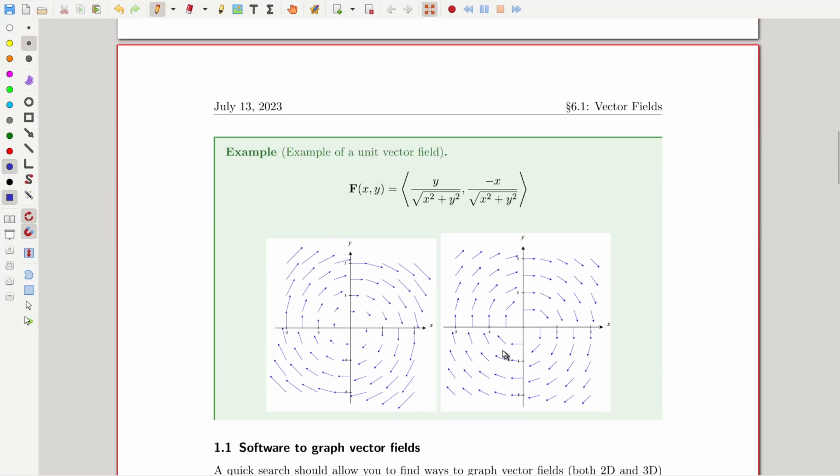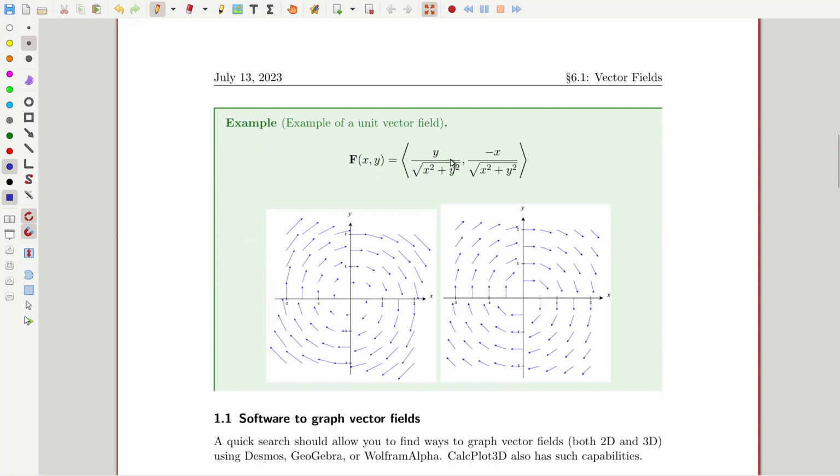So an example: starting with g of x comma y equals y comma negative x, if you take the magnitude of this, you end up with the square root of y squared plus negative x quantity squared, so the square root of y squared plus x squared.